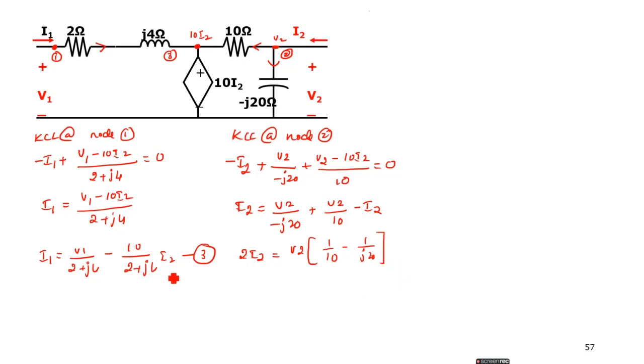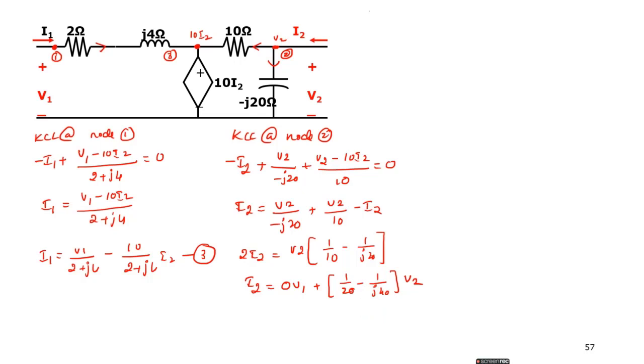Write it as it is. Then take 2 this side, we will get I2 equals 0 into V1 plus 1 by 20 minus 1 by J40 into V2.